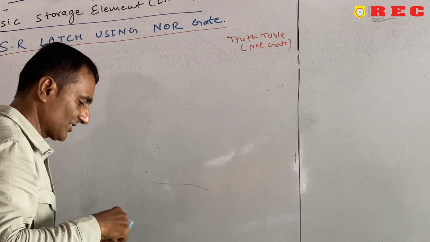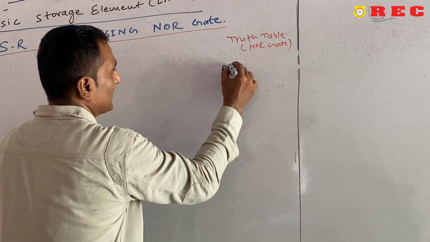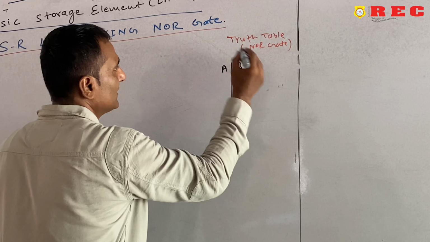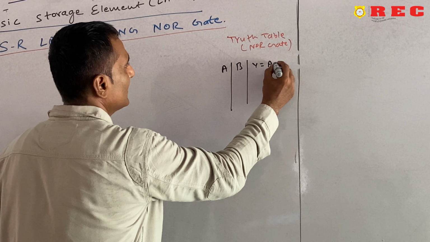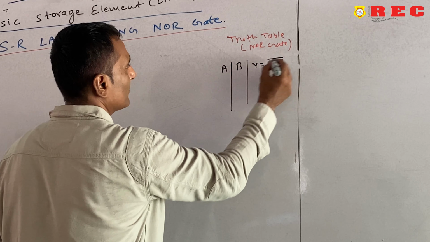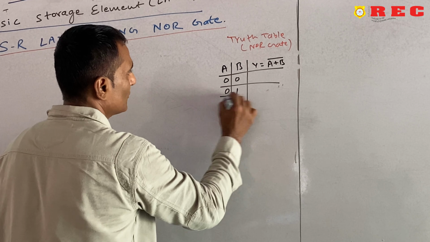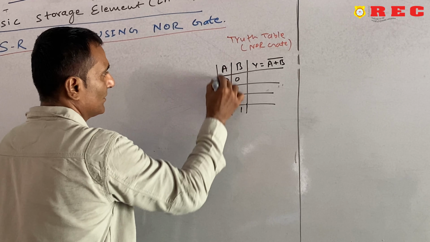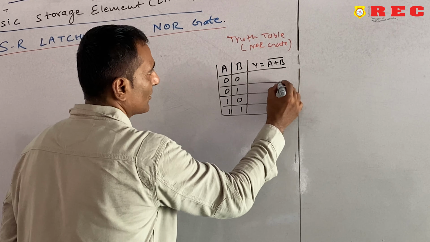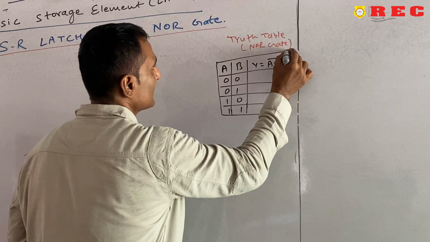We have already studied it. The inputs A, B and output Y is equal to A plus B whole complement. So A B is 0 0, 0 1, 1 0 and 1 1. This is the truth table of NOR gate, because we are using NOR gate in this SR latch.